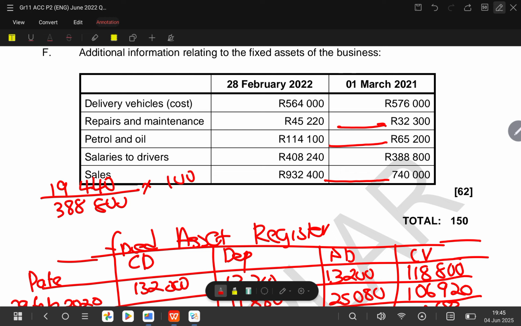So let's see, 19,440 divided by 388,800, then you multiply by 100. So if you check number one, they could have a reason to strike.